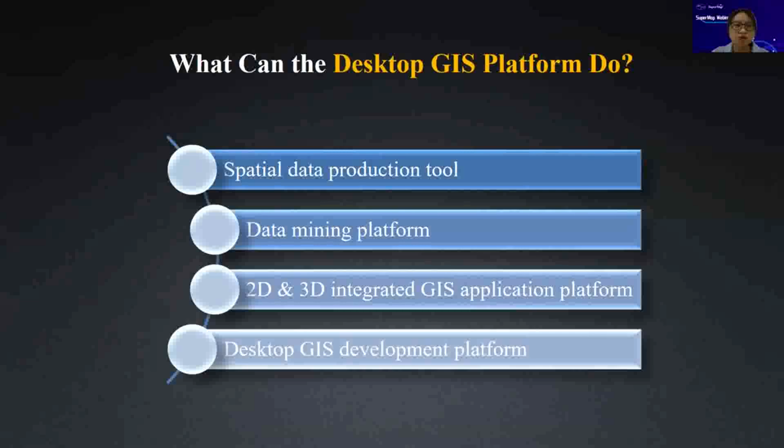So we want to know what exactly the iDesktop GIS platform does. Here we list four main aspects. The first one is that iDesktop can be a spatial data production tool, and the second one, iDesktop can be a data mining platform, and the third one is that iDesktop can be a 2D and 3D integrated GIS application platform.